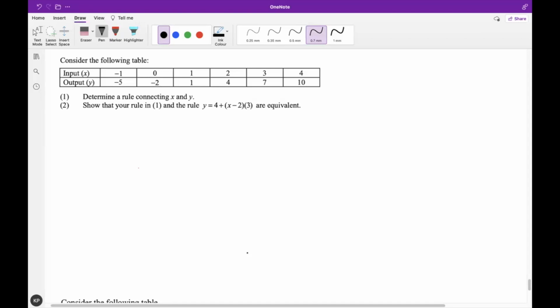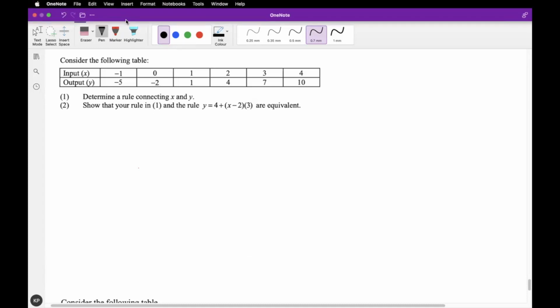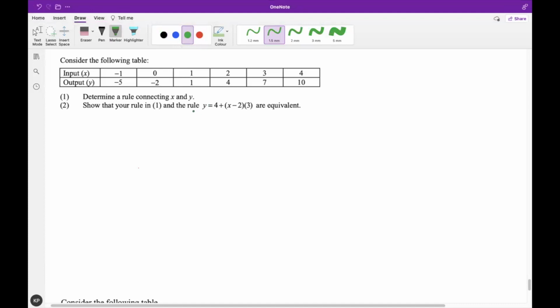Let's see our outputs from -5, -2, 1, 4, 7, and 10. What's happening with our outputs? What is the relationship of our outputs? How do I get from one to the next? Nice, Zanande. We are adding 3. Plus 3, plus 3.